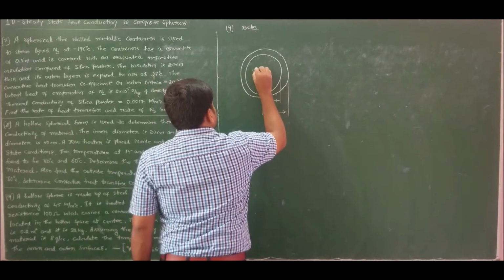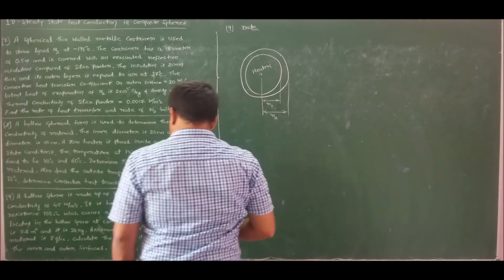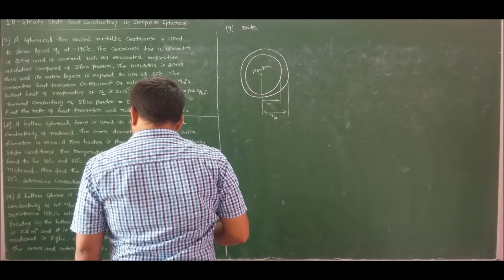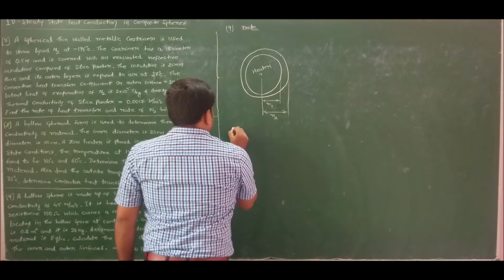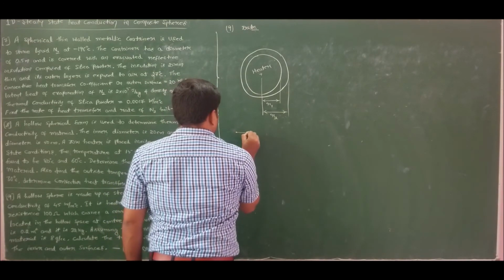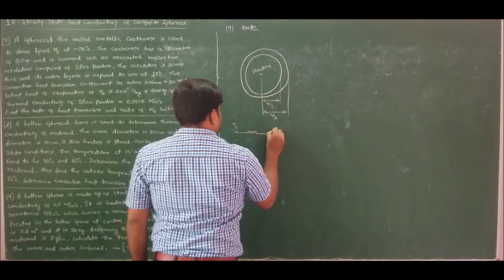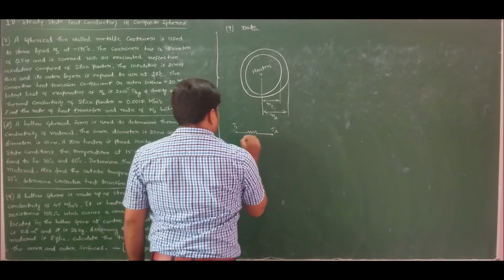Inside, he has placed the heater. Now, if I list out the data given for us, we have only two temperature points, T1 and T2. We have the resistance.